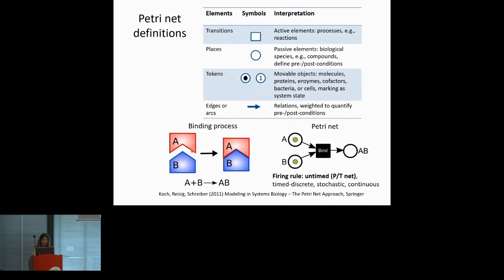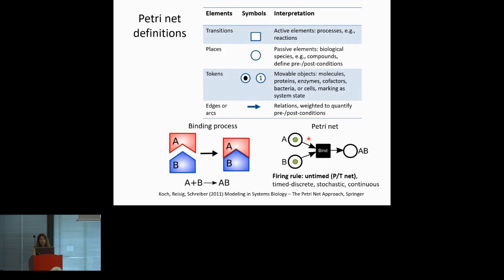Let us consider here a simple reaction. So we have a substrate A and substrate B coming together to the product AB, and that is a corresponding Petri net. And that transition is enabled and can take place because the pre-places contain at least as many tokens as indicated by the edge weight.